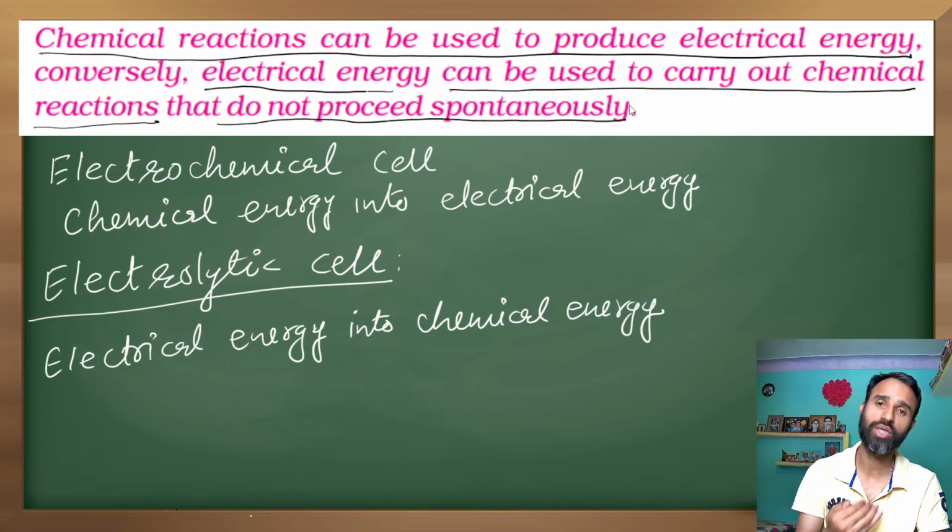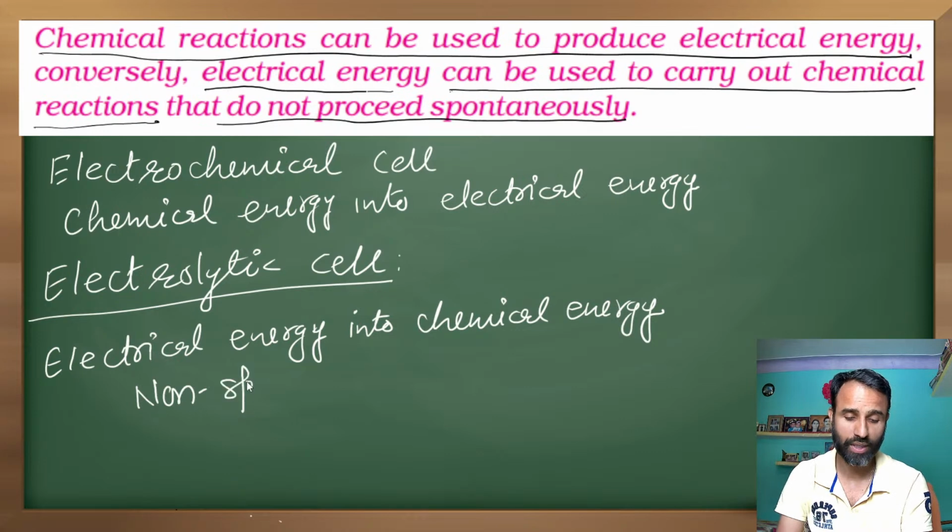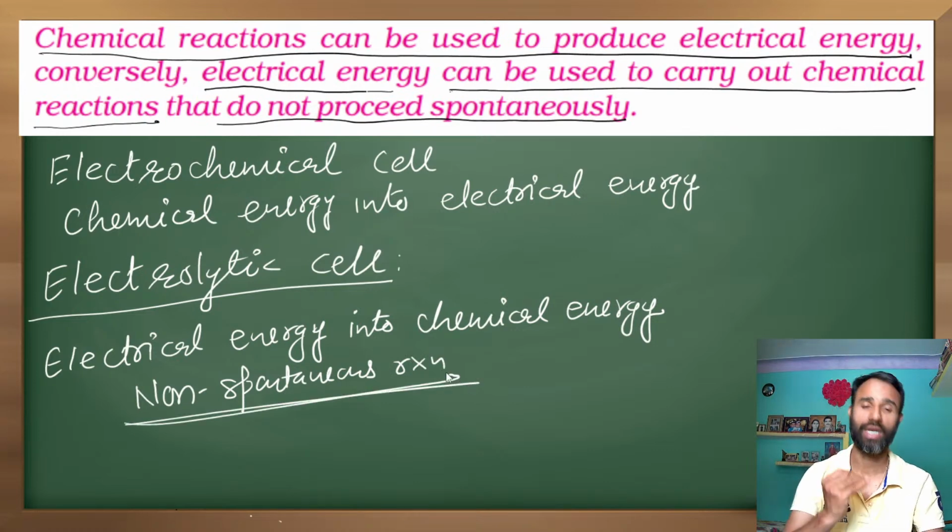So those are electrolytic cells. In electrolytic cells, the reactions taking place are non-spontaneous. So a non-spontaneous reaction takes place with the help of a battery, and electrical energy is converted into chemical energy.